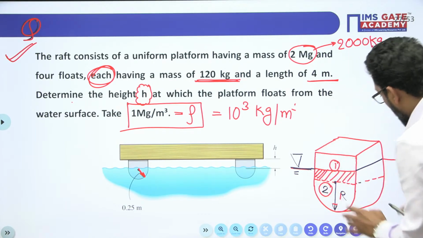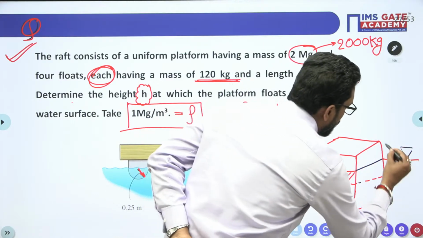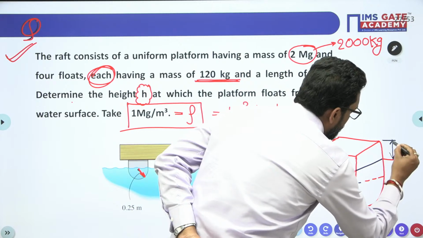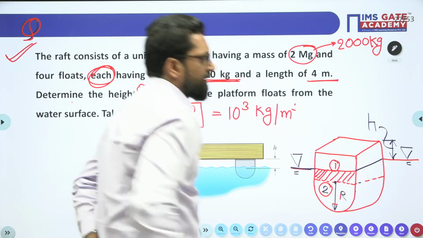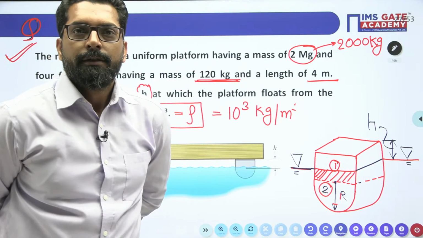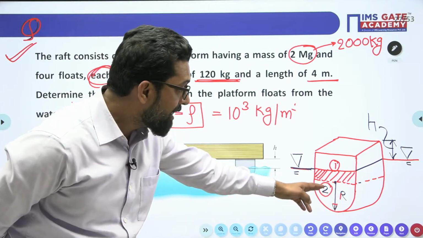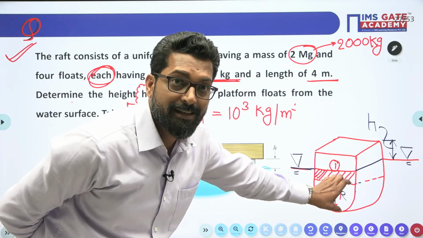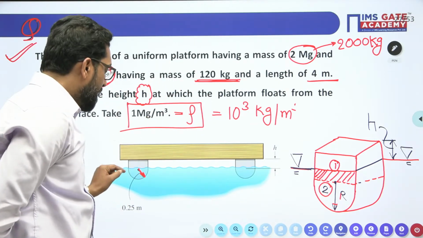If you calculate, what is being asked is how much height from the free surface, this height h, you have to find. So how to find it, beta? You know this radius, and in that question there is one thing missing.